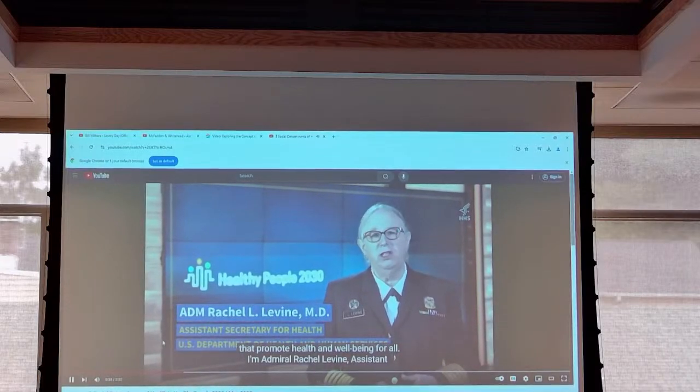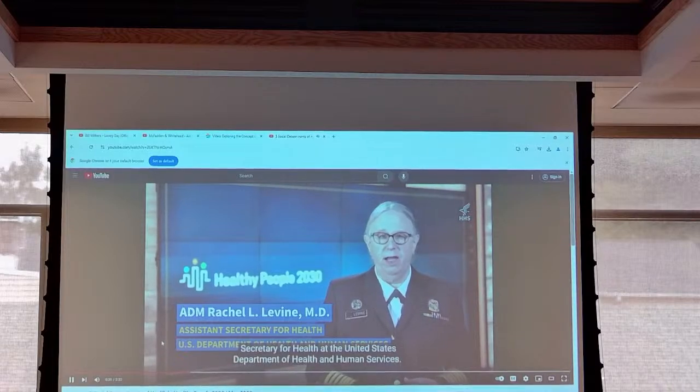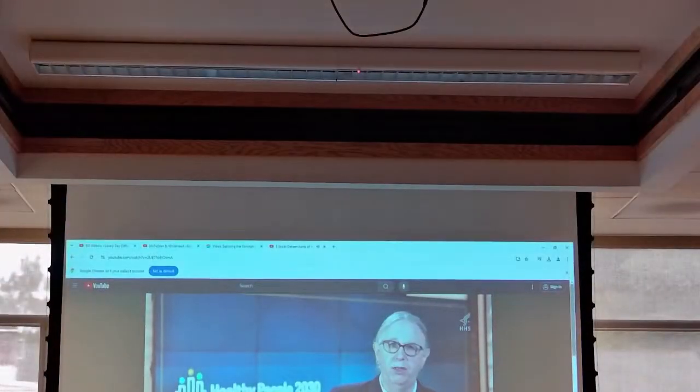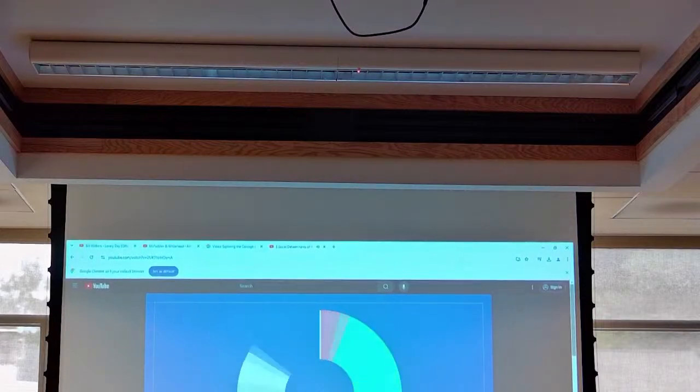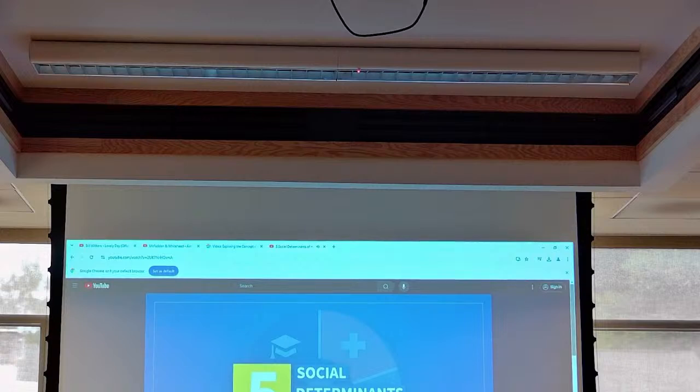I'm Admiral Rachel Levine, Assistant Secretary for Health at the United States Department of Health and Human Services. Healthy People 2030 provides a framework for thinking about the social determinants of health across 5 domains. Here are 5 social determinants of health.